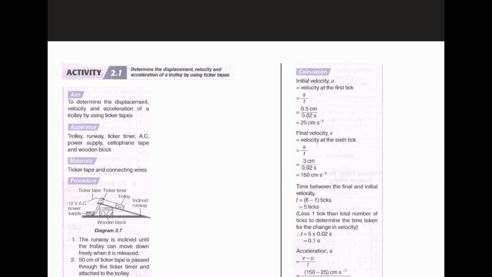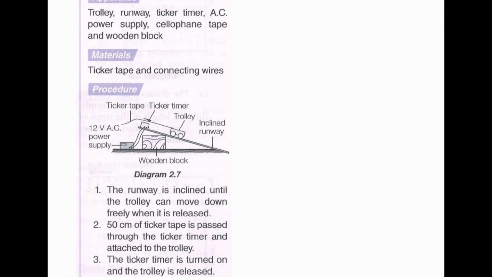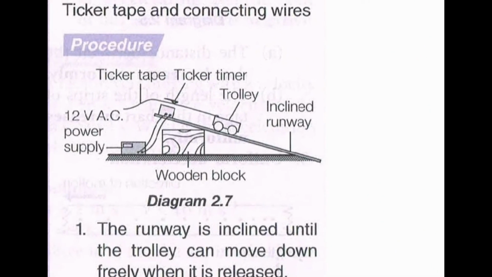Determine the displacement, velocity, and acceleration of a trolley by using ticker tapes. Okay, so we look at the picture first. What we need to do is put the trolley on an inclined runway, that means a runway with a particular angle.